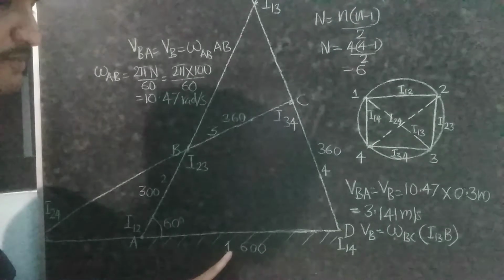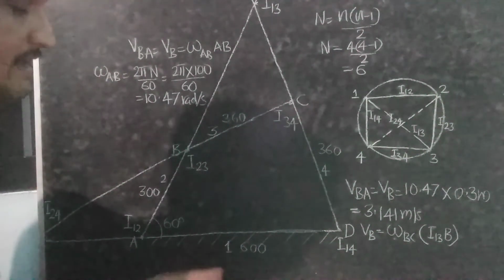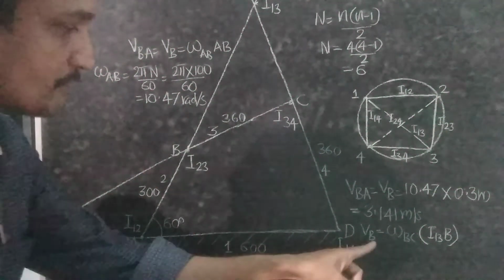Omega BC into I13B is equal to velocity of B.